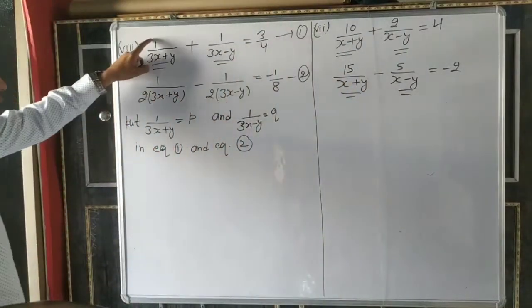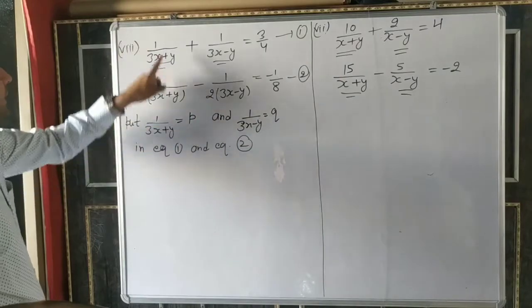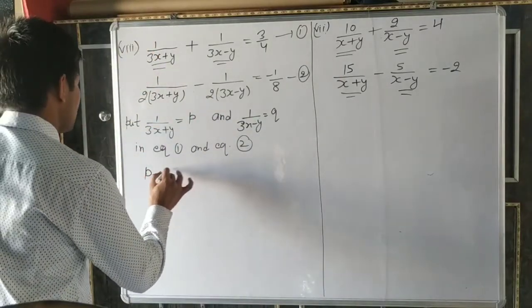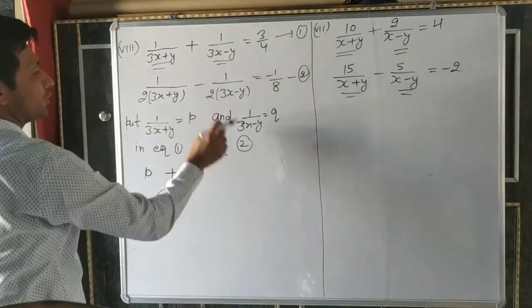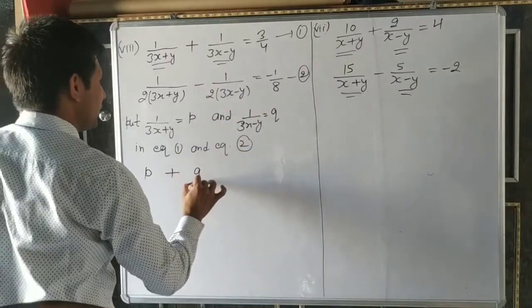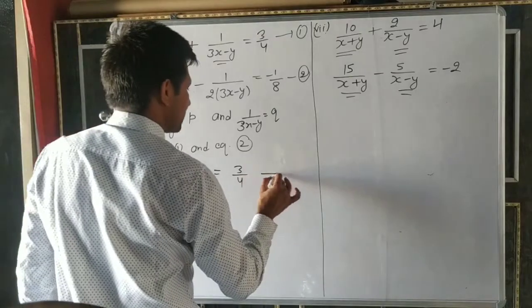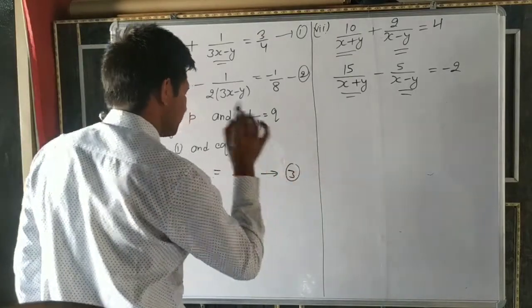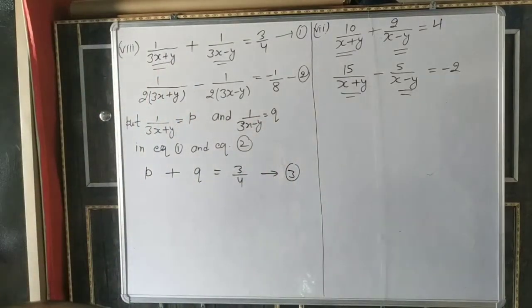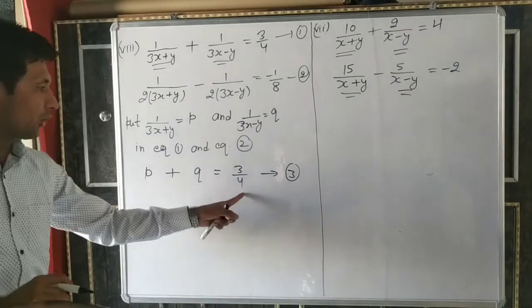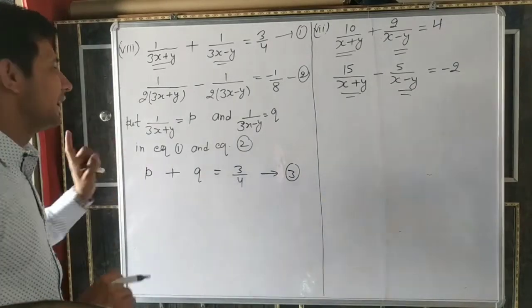So put 1 upon 3x plus y as p plus 1 upon 3x minus y as q equal to 3 upon 4, equation number 3. Understand? Otherwise, dear, if you want to remove 4, it is divided, so on the other side multiply.